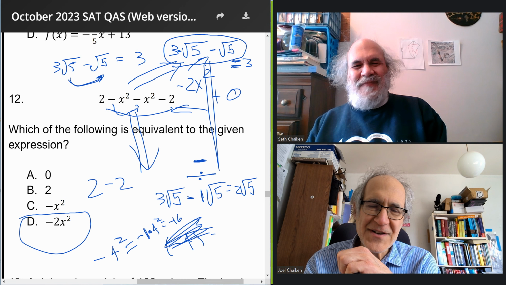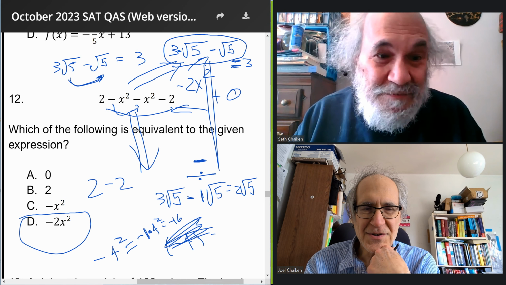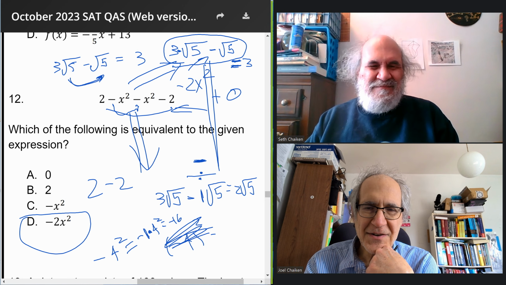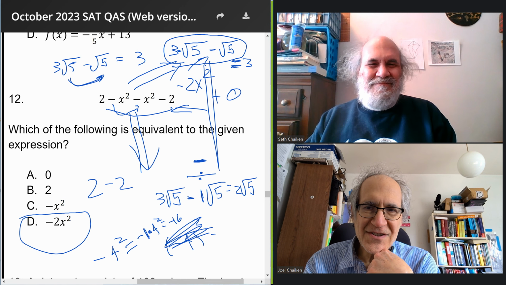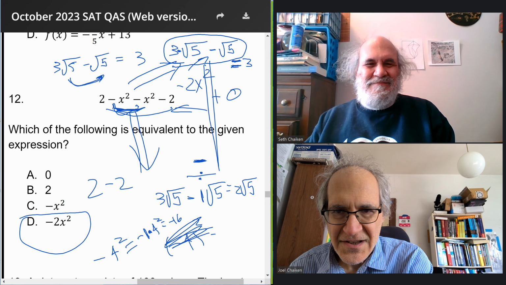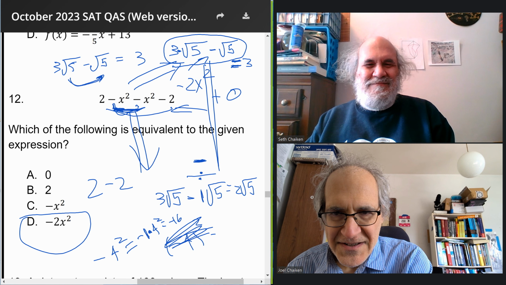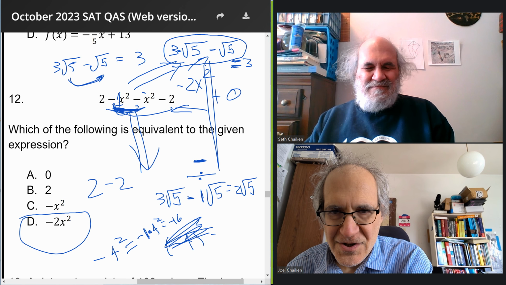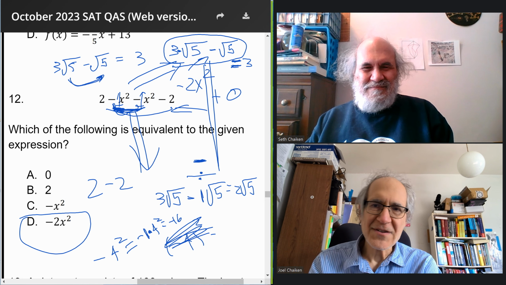The main idea of this question is really understanding how to combine like terms in an algebraic expression. Don't be scared to add variable expressions, whatever coefficient there is in front of the x squared, to whatever coefficient there is on the x squared there.